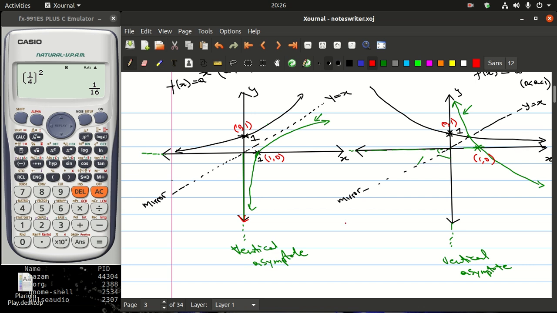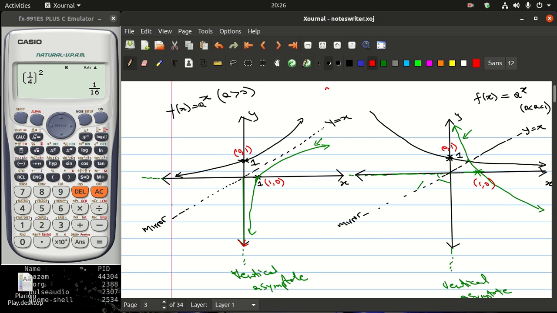So basically what we did here, we interchanged x and y. This x here became a y there, and this y here became an x there. This horizontal asymptote became a vertical asymptote. So this curve here, since we had our f of x is equal to a to the power x in both of these functions, or let me just say y is equal to a to the power x.